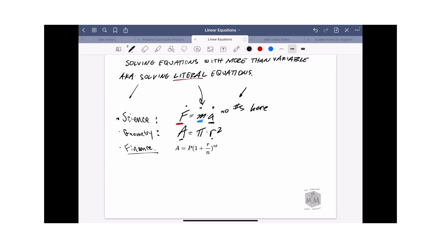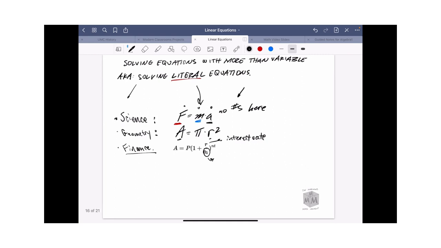In finance, you see this. So you have A, which is your amount, kind of like how much money you earn, equals P times parentheses 1 plus R over N, close parentheses, raised to the N times T power. I know that's a lot, but R is my interest rate, N is the number of times my interest is compounded, and T stands for time.